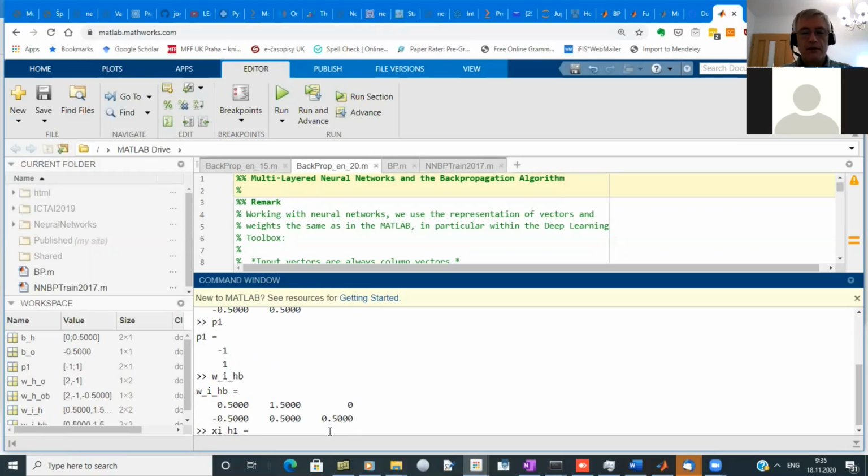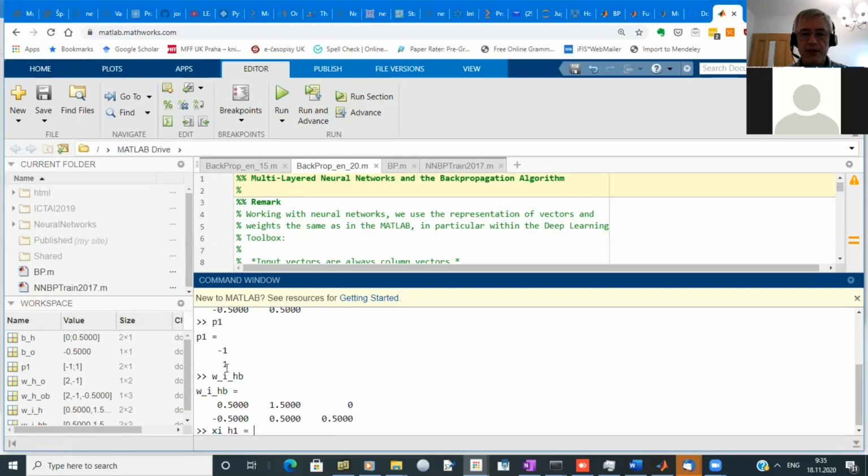So what is the value? Compute please the value of the potential on the first hidden neuron when we put P1 at the input of the network.